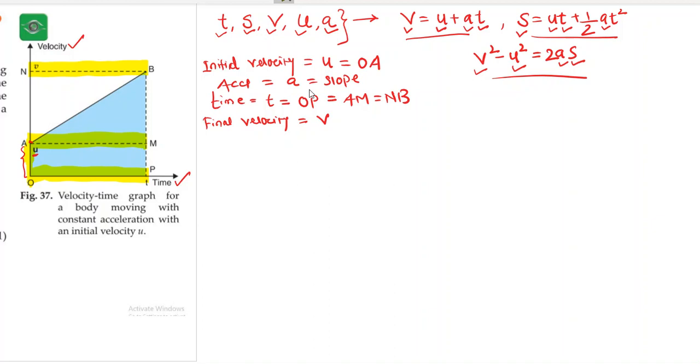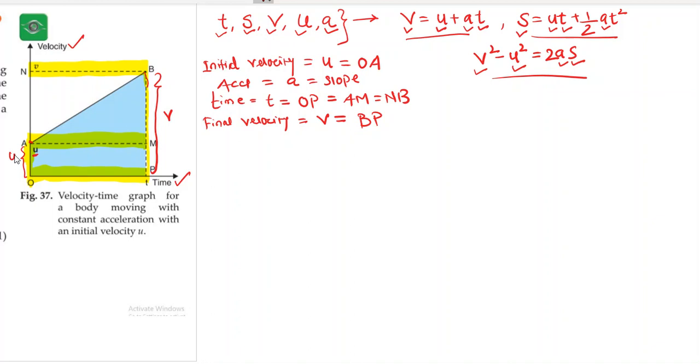And the final velocity is v, which is depicted by the section BP or PB. This one, this vertical section. This is the final velocity v.